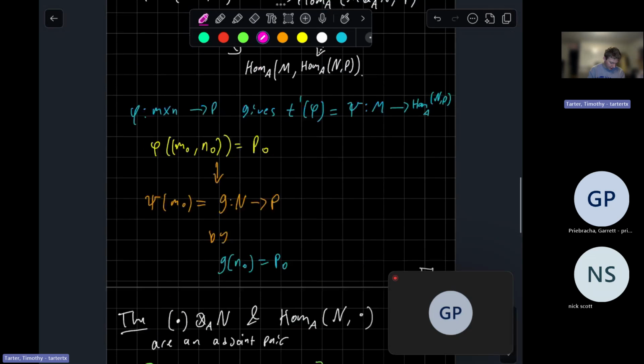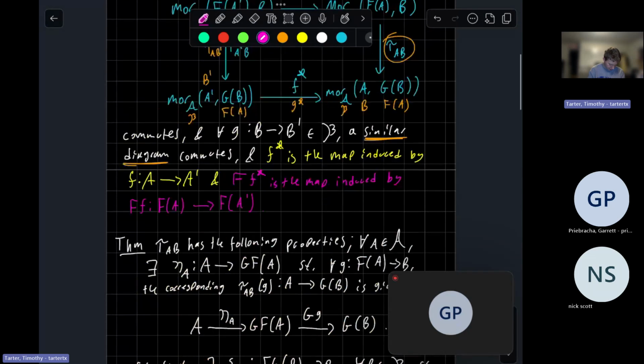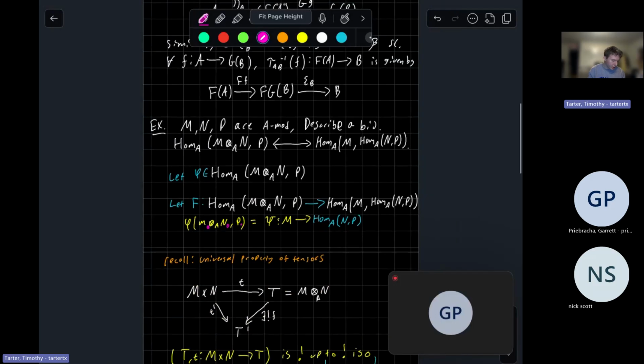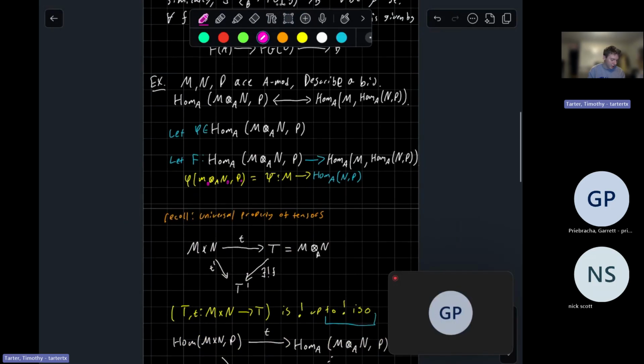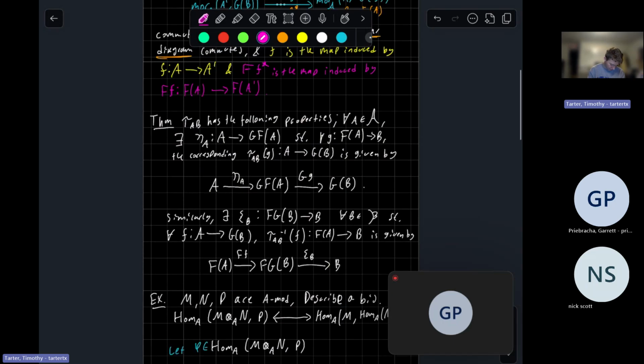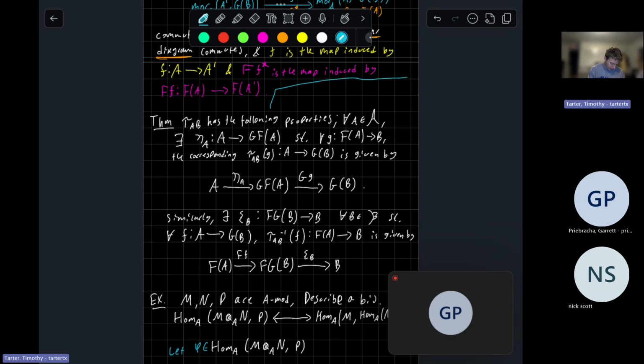And then eta and epsilon here. Eta is called the unit, and epsilon is called the co-unit of adjunction. And I'm going to try and find space to write that. So eta is the unit of adjunction, and then epsilon is co-unit.